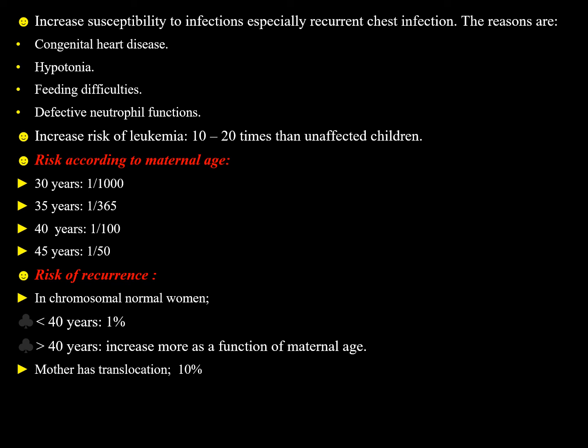If the mother has translocation, the risk is 10%. translocation يمكن حكينا عليها إذا انتبهتوا بالبداية قلنا the mother is normal, has normal phenotype. Normal phenotype لكن abnormal karyotype means the shape of the mother, the feature of the mother is completely normal, but she has translocation usually between the 14 and the 9. So the risk is 10%. If the father has a translocation, the risk is 3 to 5%.